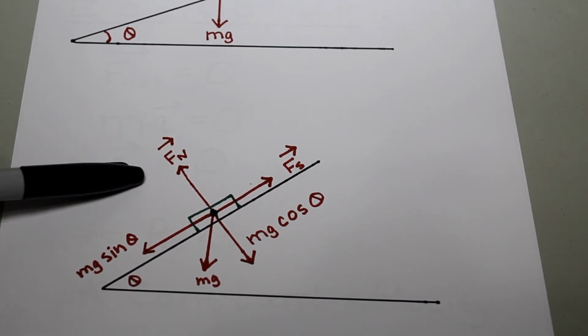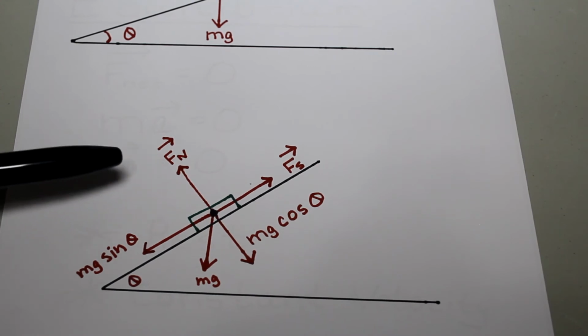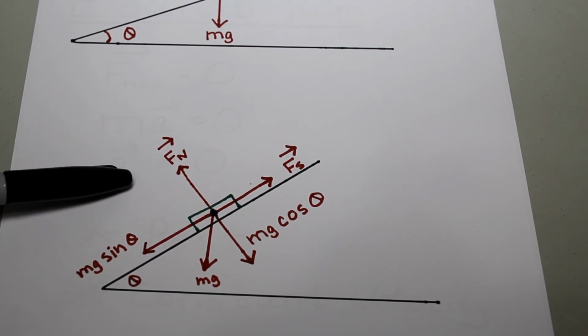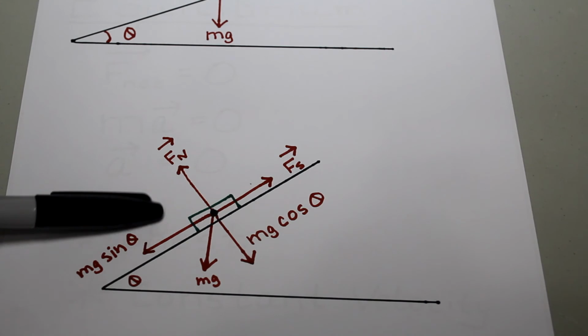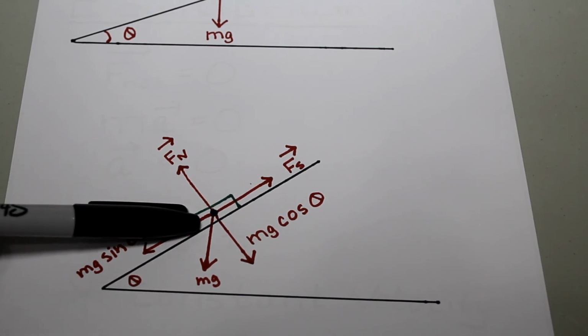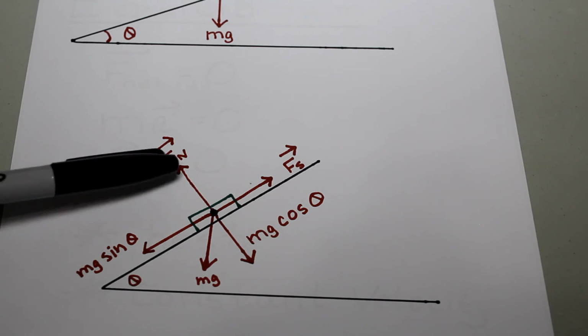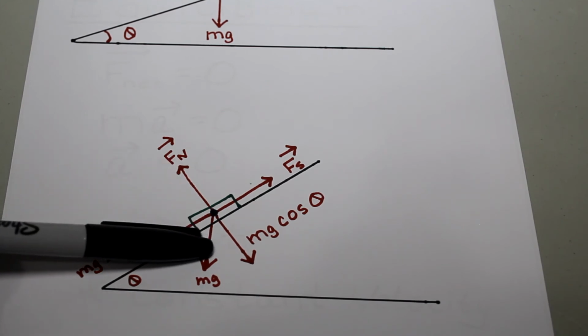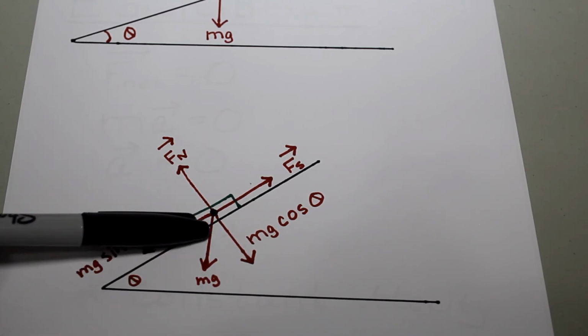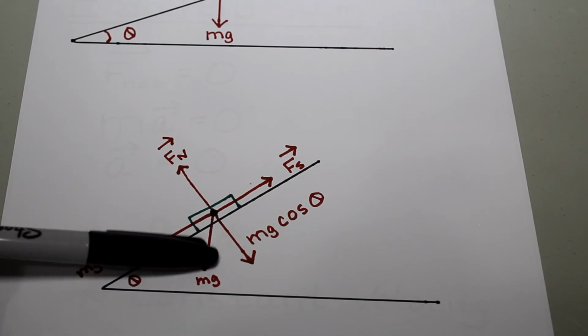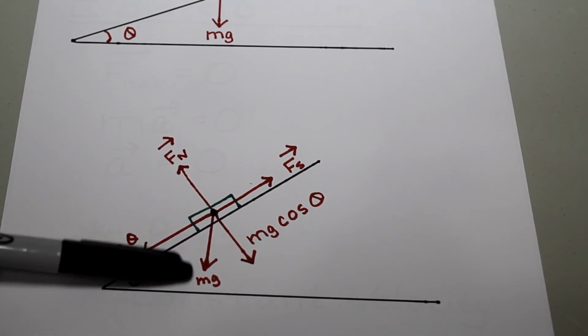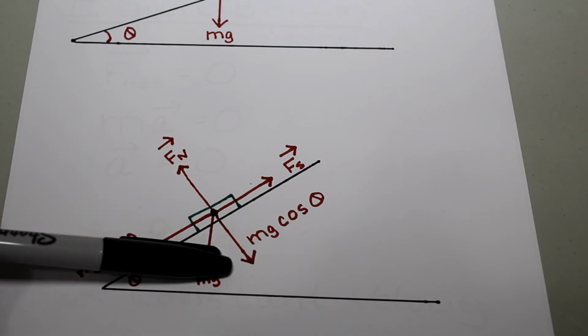So we have a normal force, and we know, as we learned in Newton's third law of motion, if we have a force going this way, we have another force in the opposite direction of the same magnitude. And in this case, that's mg cosine theta.